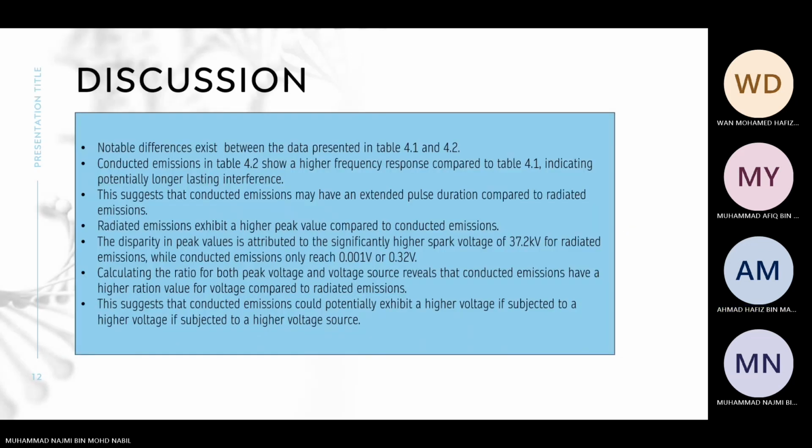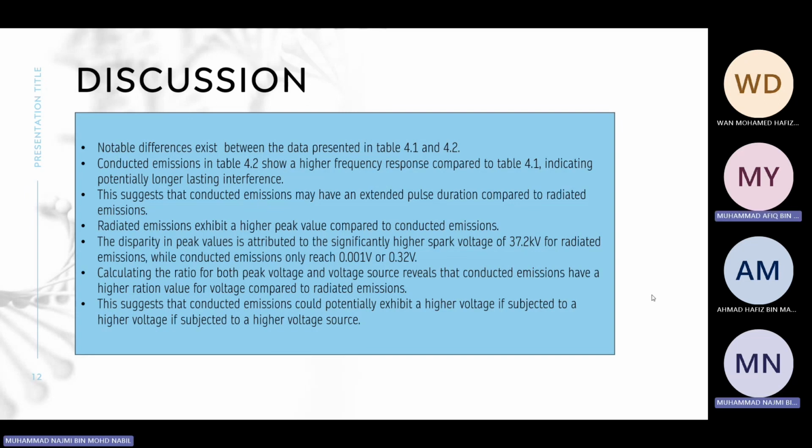The next person. This is a discussion for our lab. Conductor emission in Table 4.2 shows a higher frequency response compared to Table 4.1. So that shows potential longer lasting interference. This suggests that conductor emission may have an extended pulse duration compared to radiated emission.